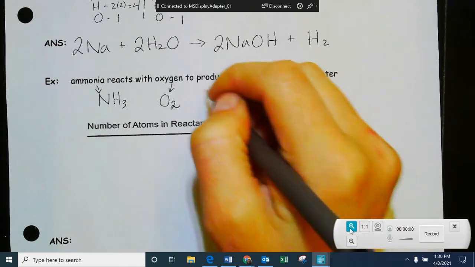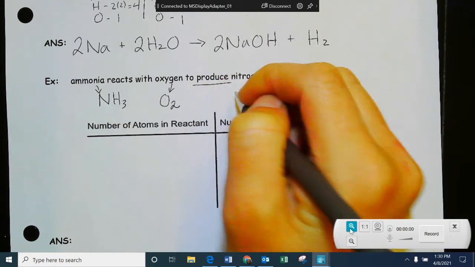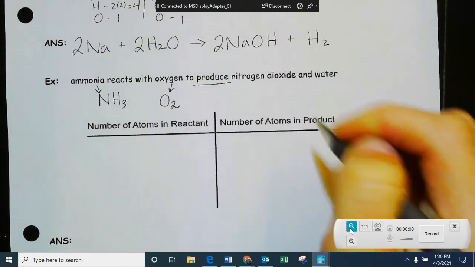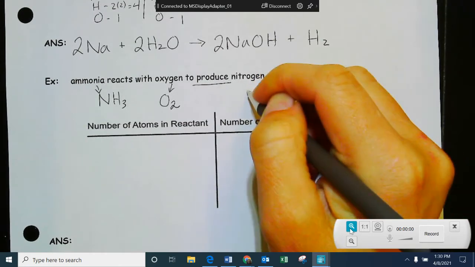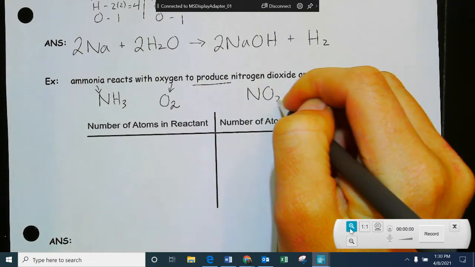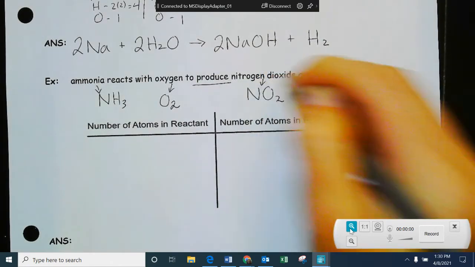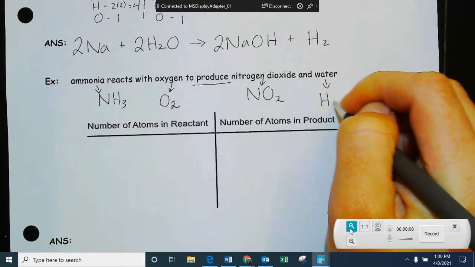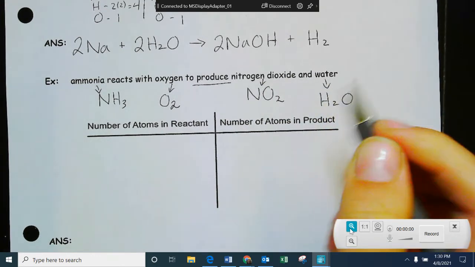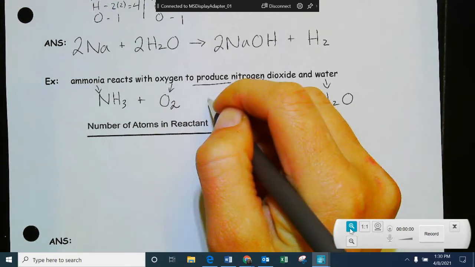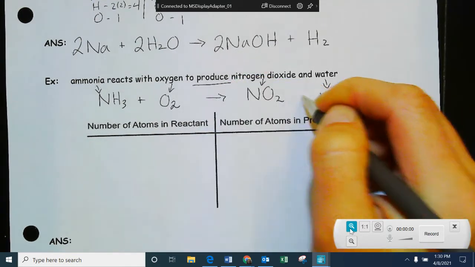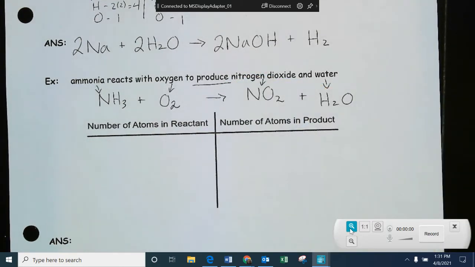And we're producing, so that means these are going to be our products, nitrogen dioxide, NO2, and water. So NH3 plus O2 goes to NO2 plus H2O, and we're going to balance it.